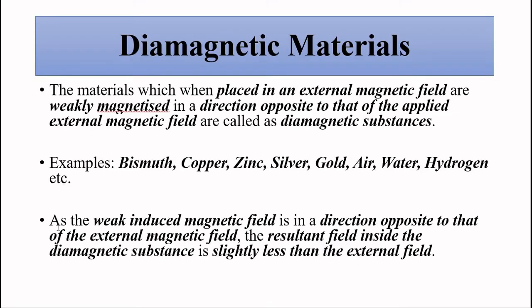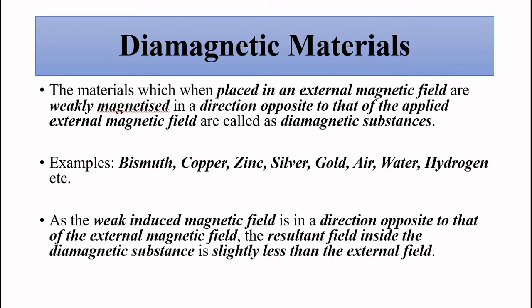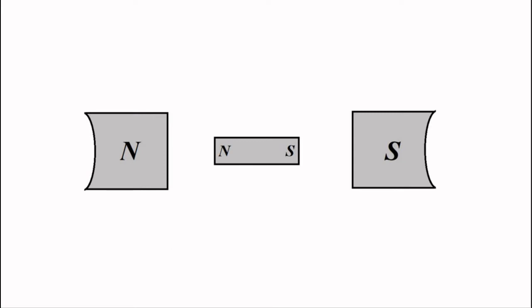Examples of such materials are bismuth, copper, zinc, silver, gold, air, water, hydrogen, etc. So here the resultant magnetic field inside the material is always less than the external field, which is evident because it is weakly magnetized, and it is a very weak form of magnetism, and as soon as the external field is removed, the material loses its magnetic properties.